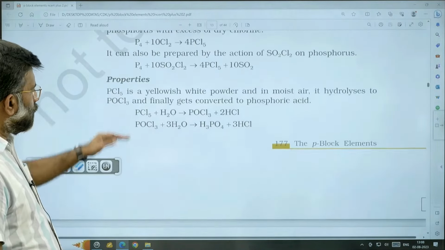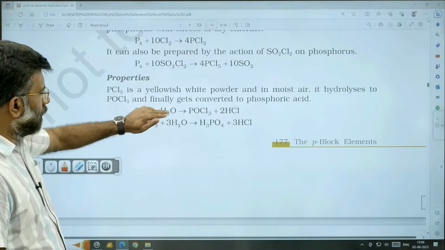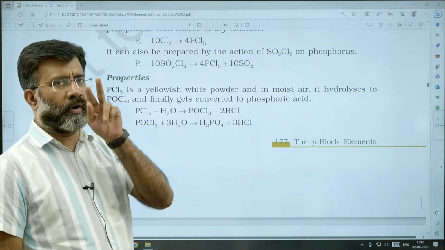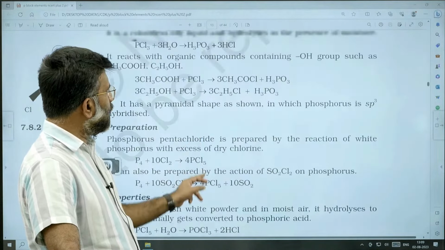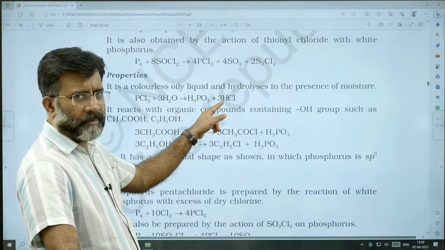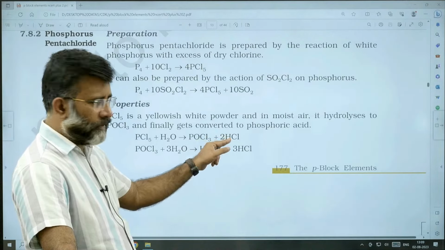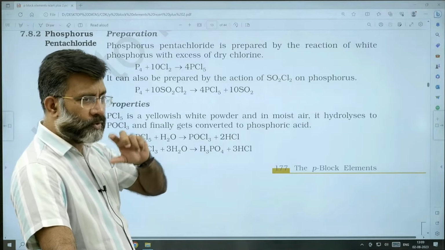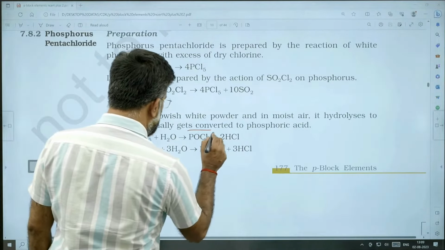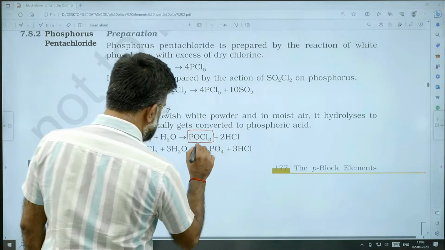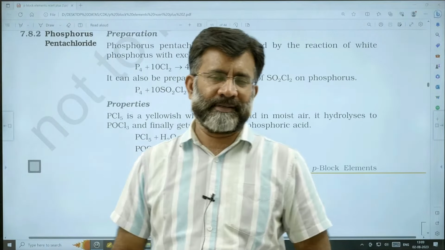Here it is a 2-mode operation: PCl5 with water first gives POCl3, phosphorus oxychloride, with removal of 2 chlorine, and then in the second step you get H3PO4. Very important point.